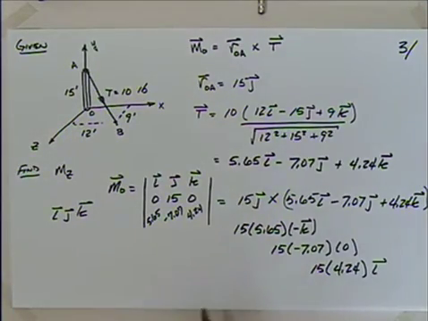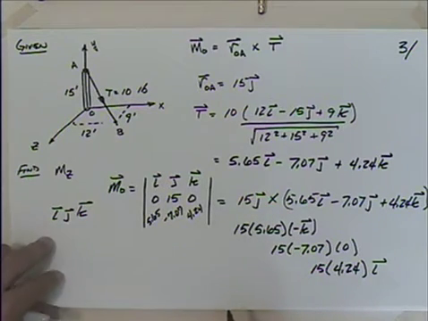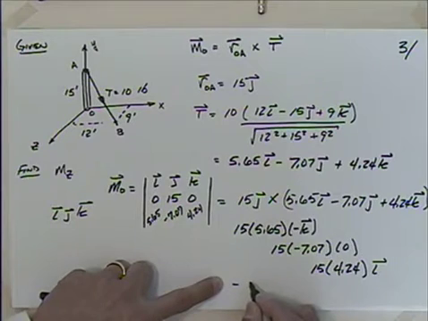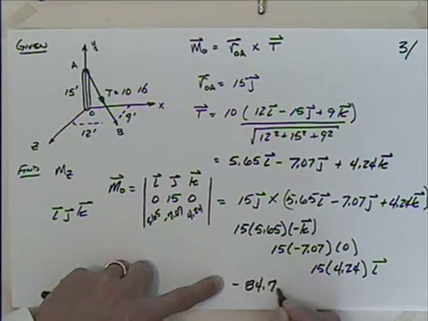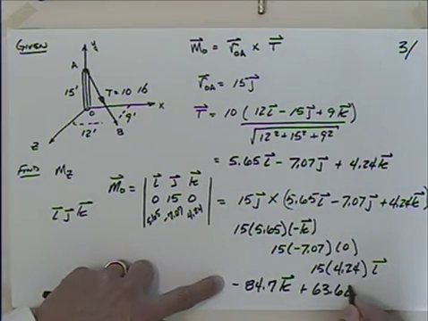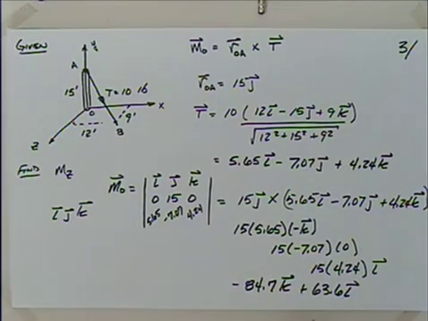Okay, so when we tidy this up, we've got minus 84.7 in the K direction, plus 63.6 in the I direction. I don't have those in proper order, but I think we're okay that far.